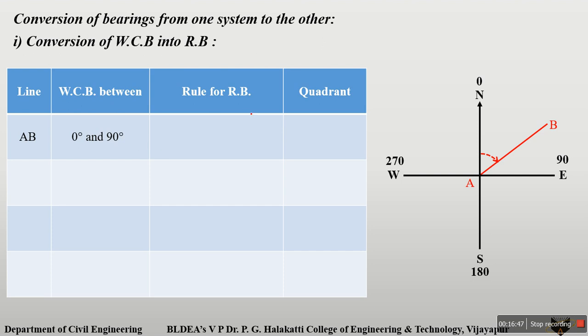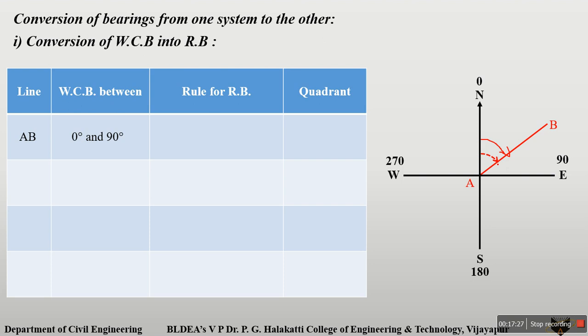Now what is the rule for the RB? We have just discussed the measurement of RB and WCB. If a line is in between 0 degree to 90 degree, or the line is present in the first quadrant, the measurement of reduced bearing and whole circle bearing are both the same. In the RB we take the north direction reference line towards the east, and in the whole circle bearing also we take the north direction reference line towards the east.